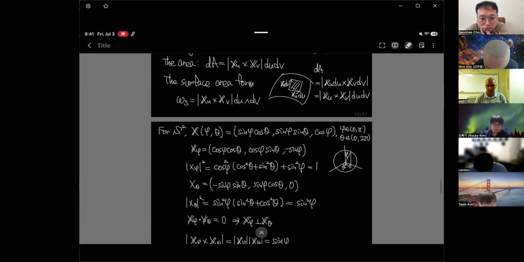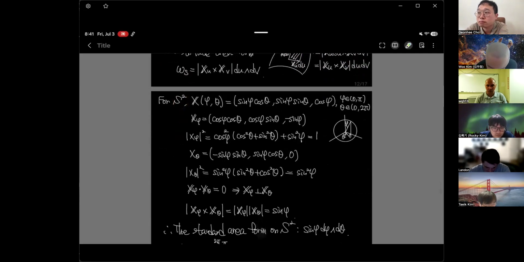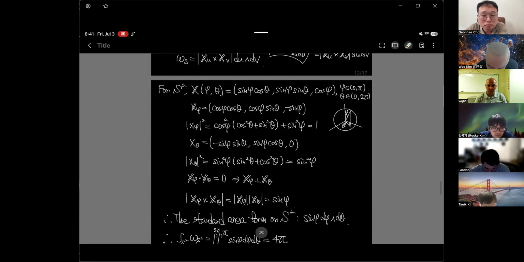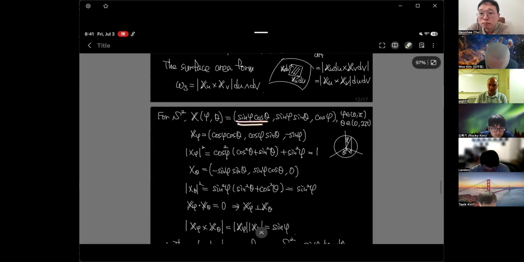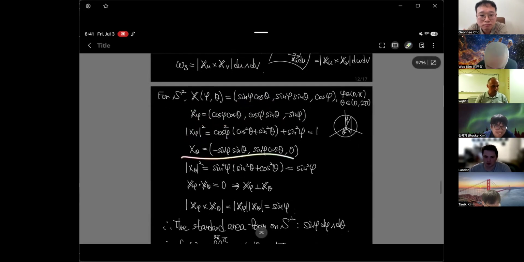For the unit square, we need this part. Partial with respect to phi, yes, we can do this. I've done this so many times, and I believe you have the same result.